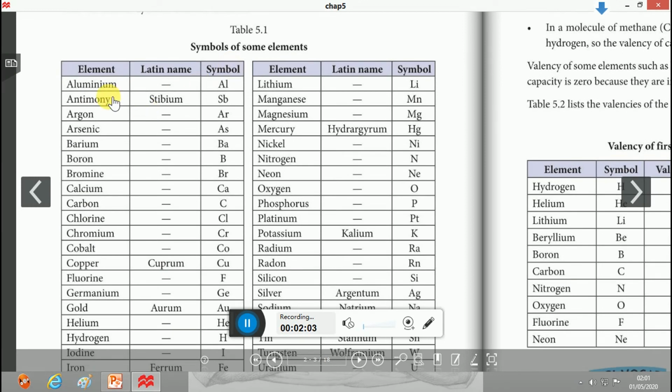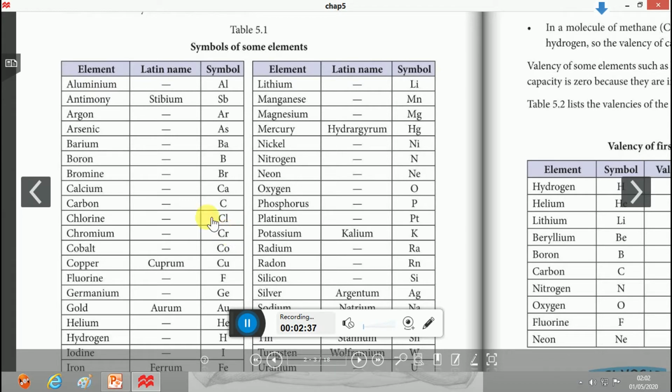There are several rules. For example, the symbol of certain elements is derived from the first letter of their English name. For example, phosphorus, the first letter is P, so the symbol is P. Oxygen, first letter O, symbol O. In some cases, the first two letters are considered as the symbol.